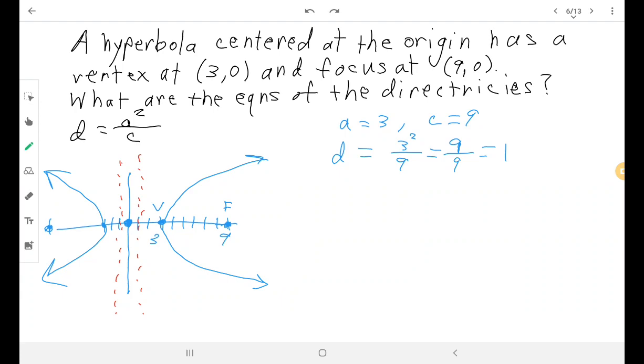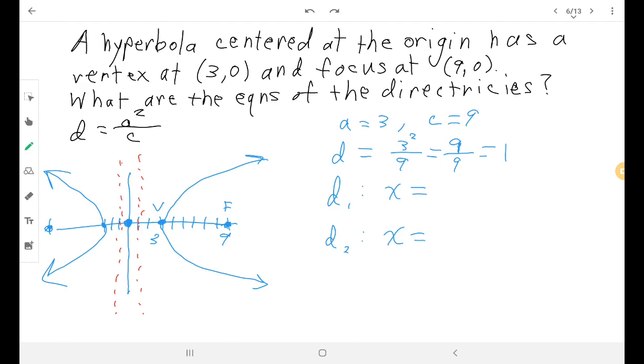And then for the equations, vertical lines means we have x equations, right? So directrix 1, directrix 2 will each have an x equals, and one of them will be x equals 1, right? Every point along this particular red line here has an x value of 1, and then the y values change as you move up and down, but the x value never changes.